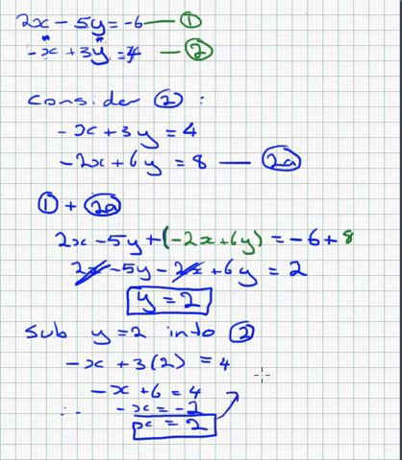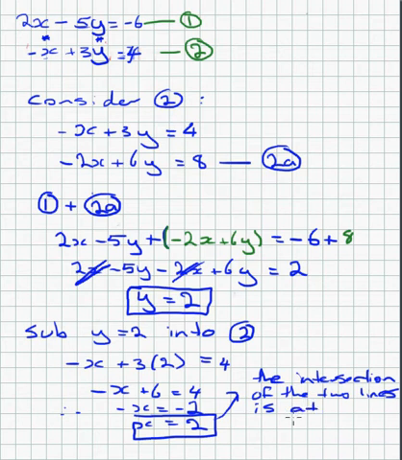And you're done. So from this, the intersection of the two lines is at x equals 2, y equals 2, and you're done.